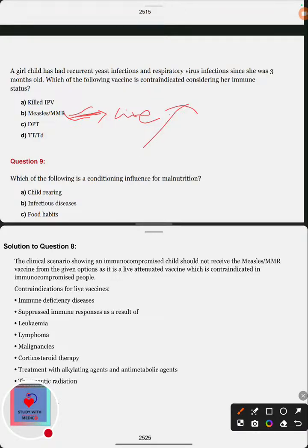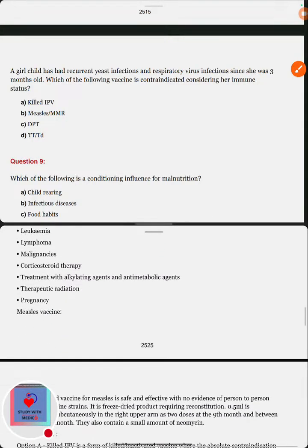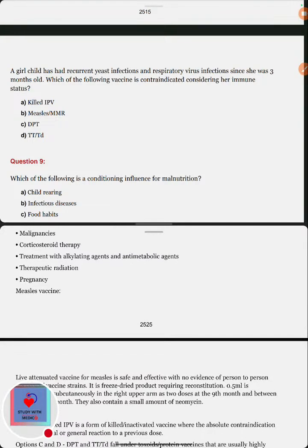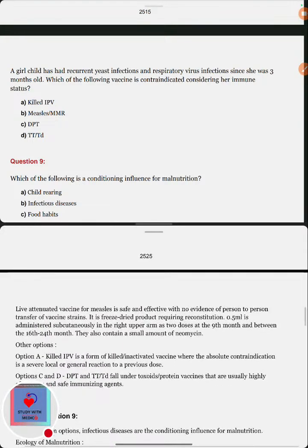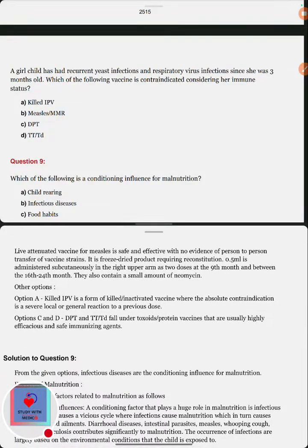Okay, contraindications for live vaccines: immunodeficiency disease, suppressed immune response as a result of leukemia, lymphoma, malignancy, corticosteroid therapy, treatment with alkylating agent, antimetabolic agent, radiation, pregnancy. Measles vaccine is safe and effective, freeze dried.